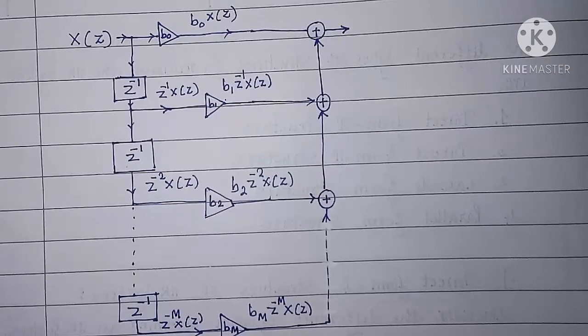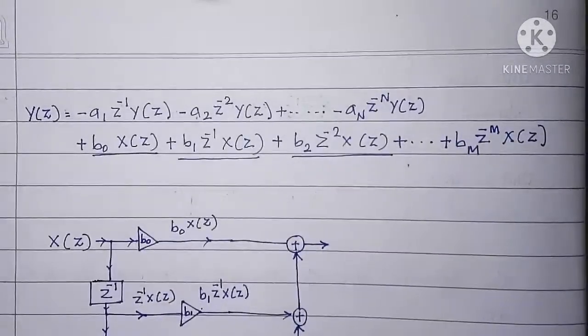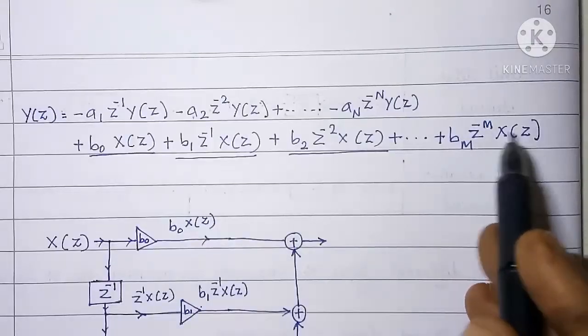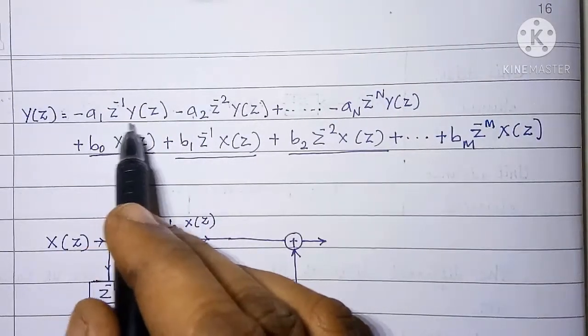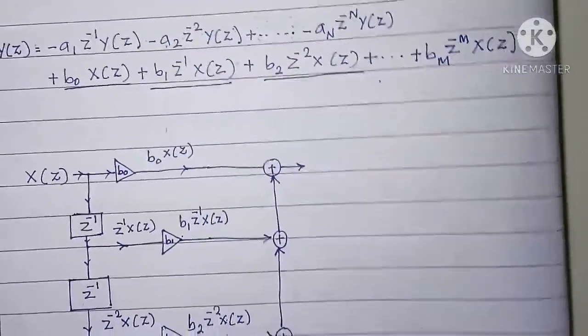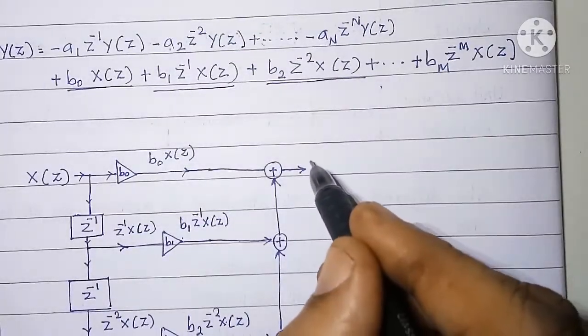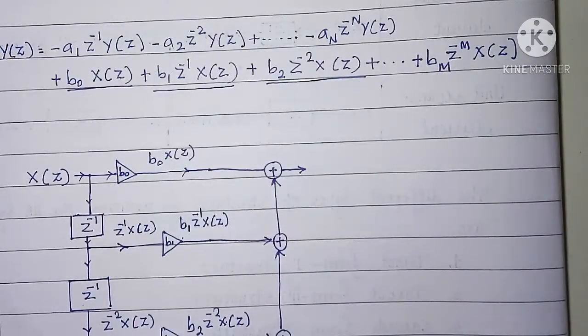If we look at y of z equation here, these all the x of z terms here are added to the y of z terms. So now I am having the sum of all the x of z terms and their delayed versions.